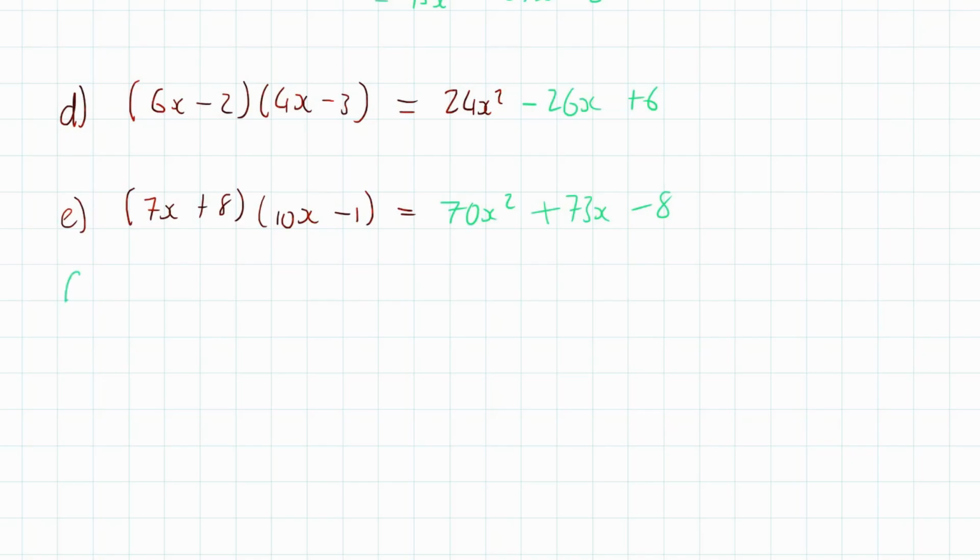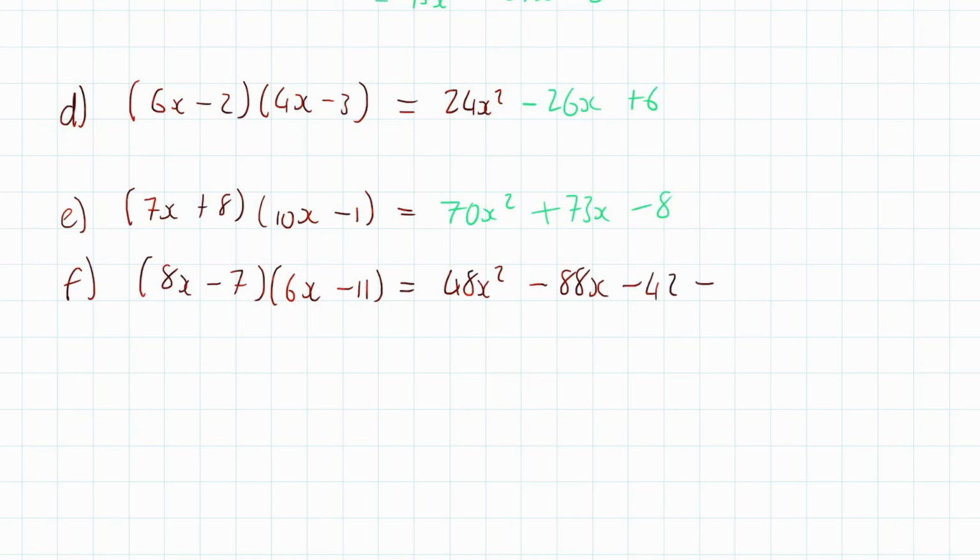Okay, let's move on. So the next one, F, we've got 8x minus 7 into 6x minus 11. 8 times 6, so that's 48x squared. Then we go 8x times minus 11, that's negative 88x. Then inners, negative 7 times 6, what's that, minus 42.